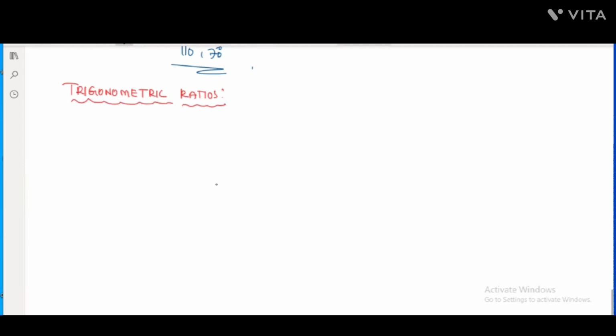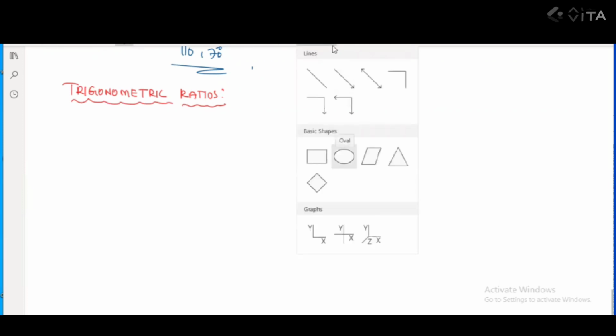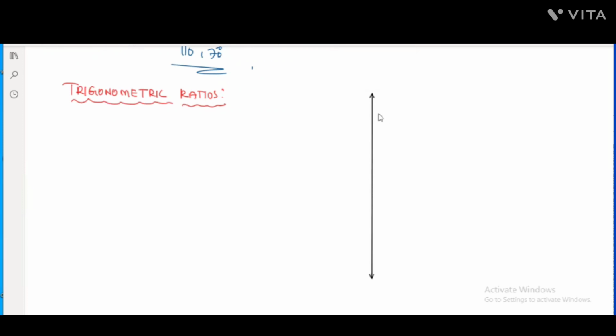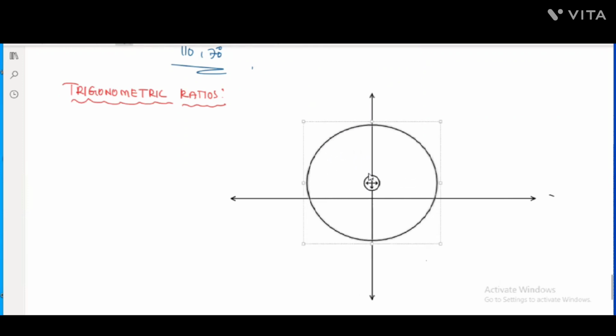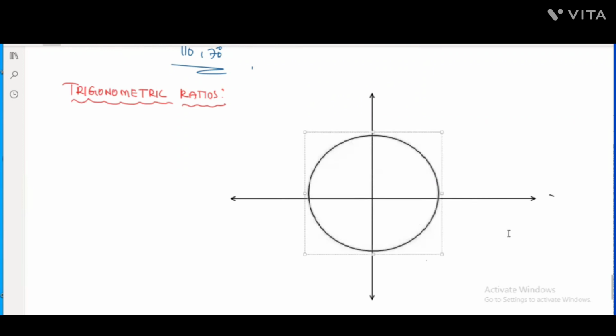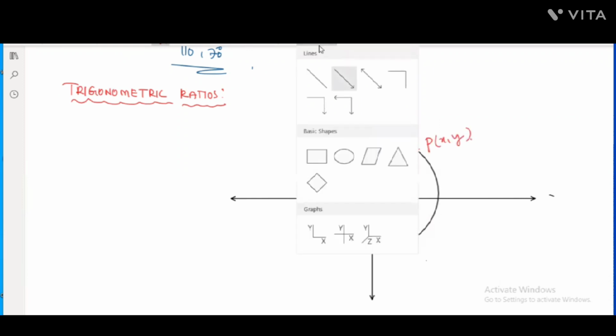Let's take a circle. First of all, the coordinate axes: this is the y-axis and this is the x-axis. Let's take the circle whose center is the origin. There will be a point on the circumference of the circle, let's say P(x, y).